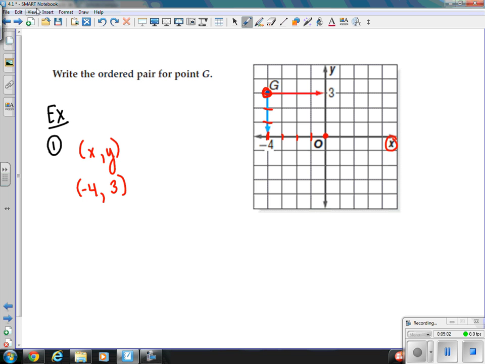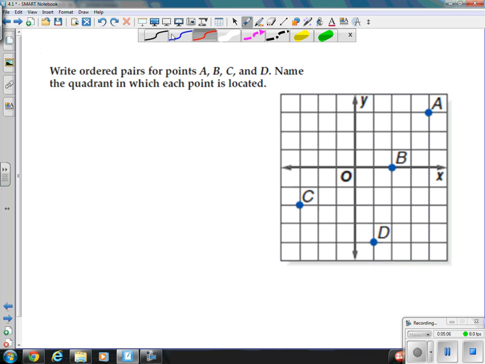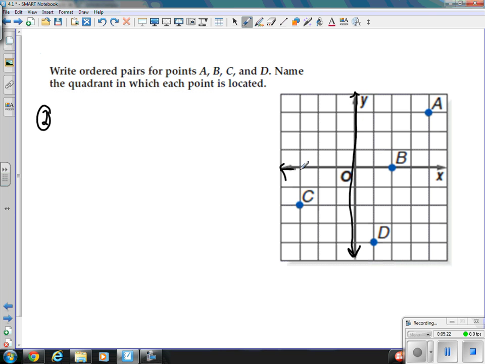So let's look at our second example. I do want you to, if you need to, pause. If not, sketch this real quick into your notes. So make your axis. I was going to try to make it along with you, but mine's not that straight. And don't forget to label x, y.